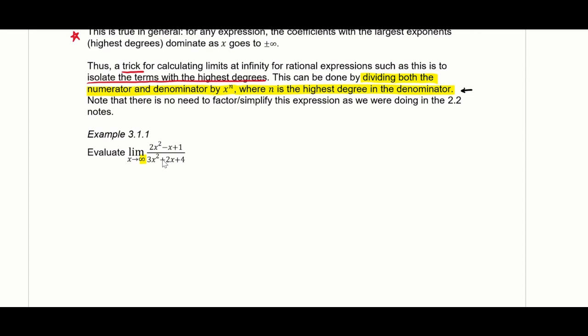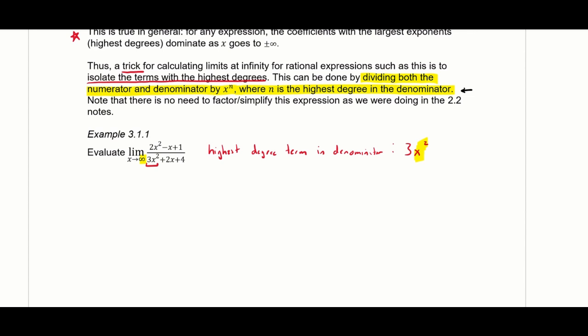What piece of the denominator has the largest exponent associated with it? That's this here, right? 3x squared. So the highest degree term in the denominator is this 3x squared, or specifically the x squared part. That's the thing with the degree or the exponent.